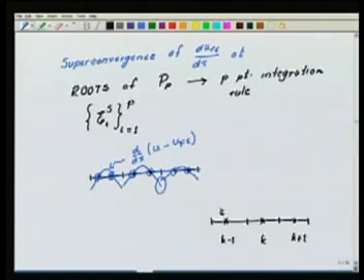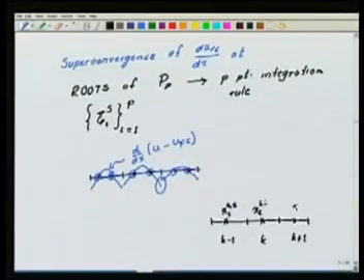These are x1 k minus 1 superconvergence, x1 k superconvergence, and x1 k plus 1 superconvergence. So, these are the mapped physical points corresponding to the superconvergence points in these elements.